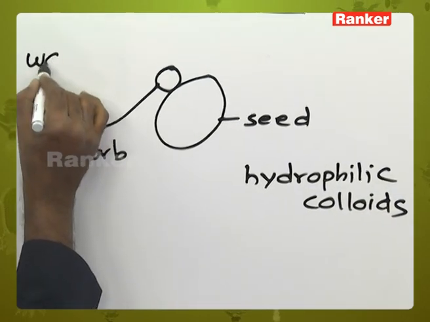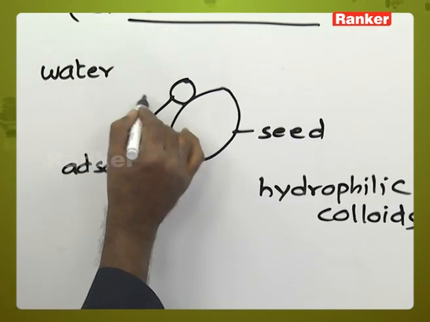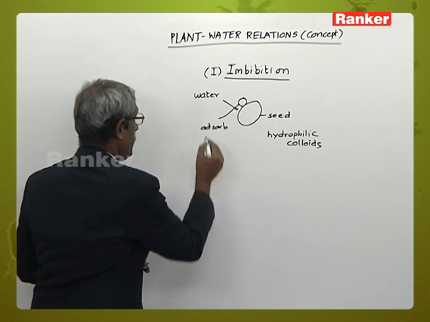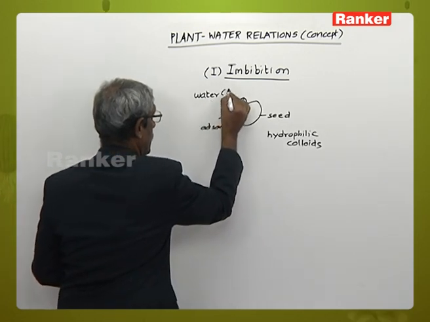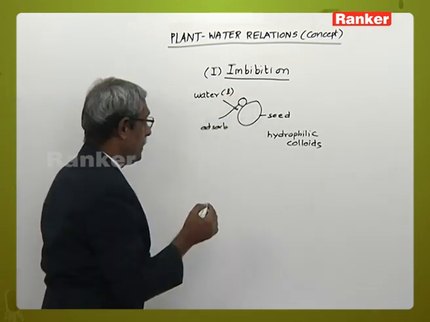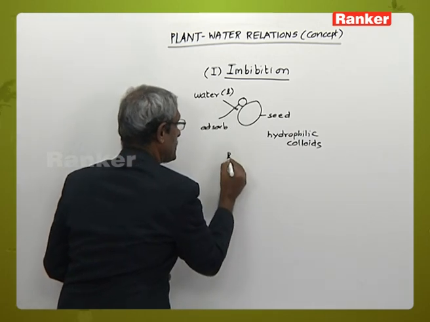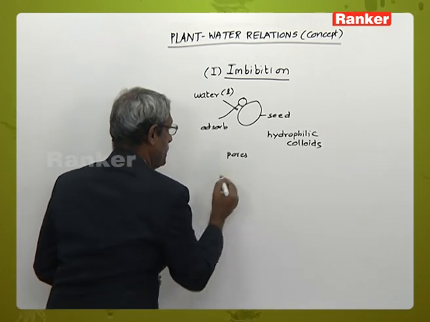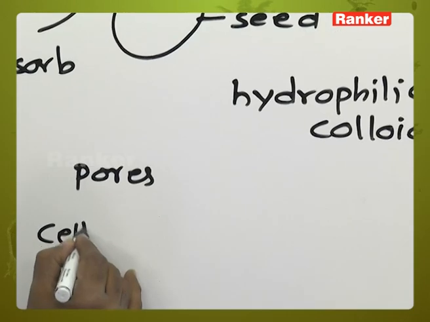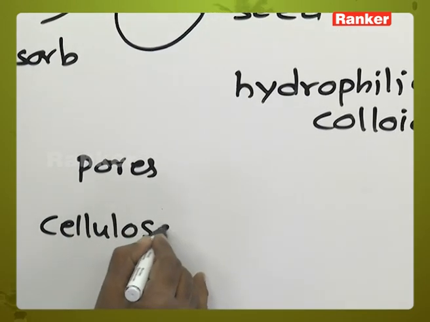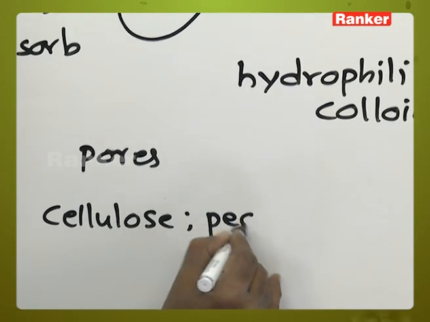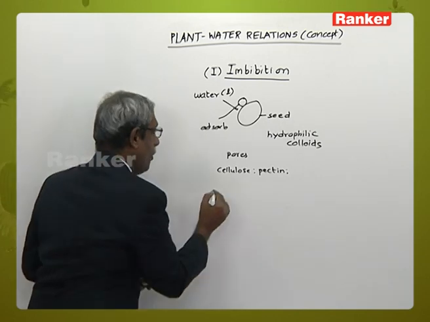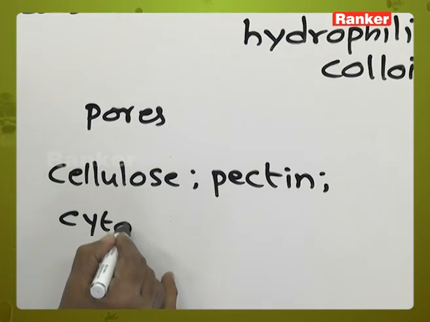Thereby, water in the form of a liquid can be taken up by the seed coat and can enter through the pores of the seed, especially the pores which are rich in cellulose, pectin, and also the cytoplasmic proteins.